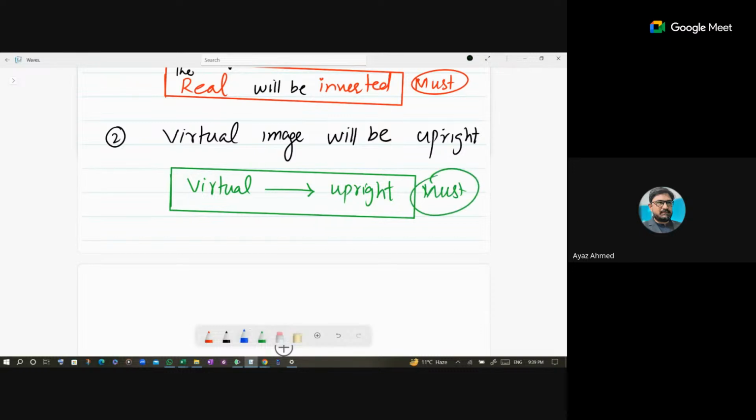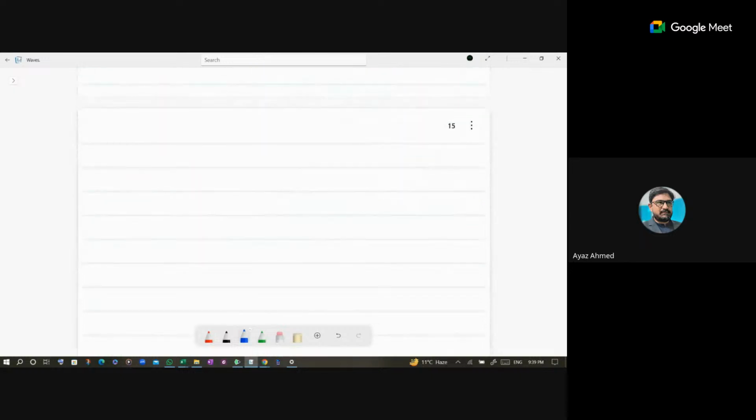Yeah. Now I will tell you what a real image is. It is asked to you, right? What is a real image? Can anybody tell me what a real image is? The image that can be projected on the screen. This is the first definition of that.